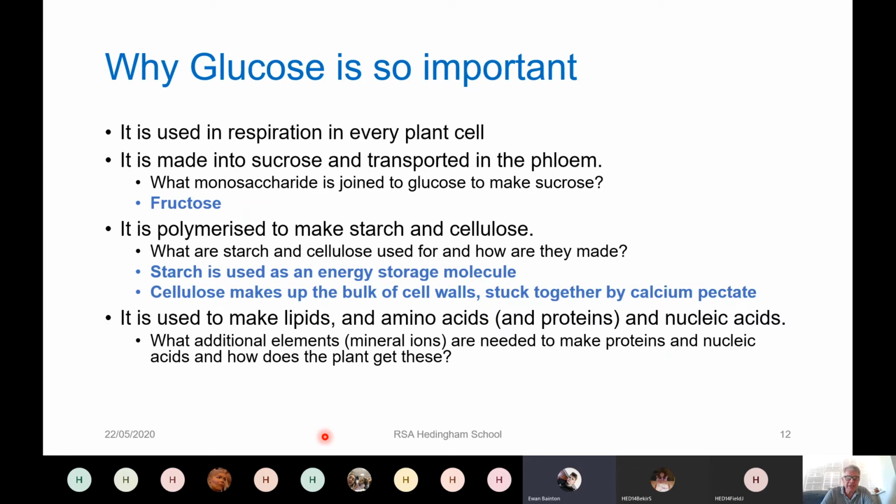What else do you need? What has to be added to glucose to make a protein? What element or mineral ion? Glucose is carbon, hydrogen, and oxygen. What else do you need to make an amino acid? Think of the amino acid structure.